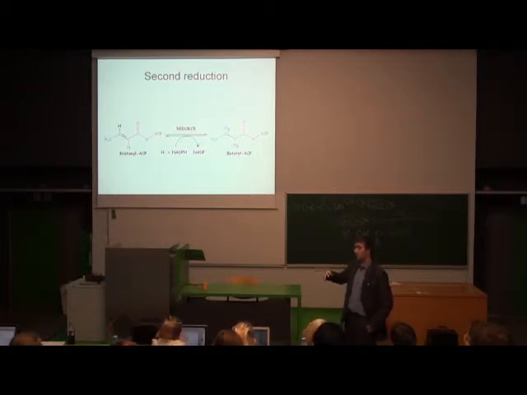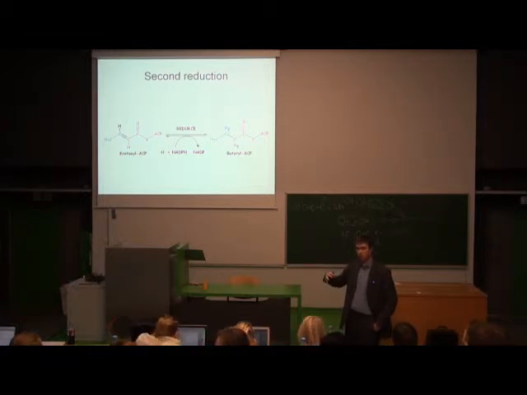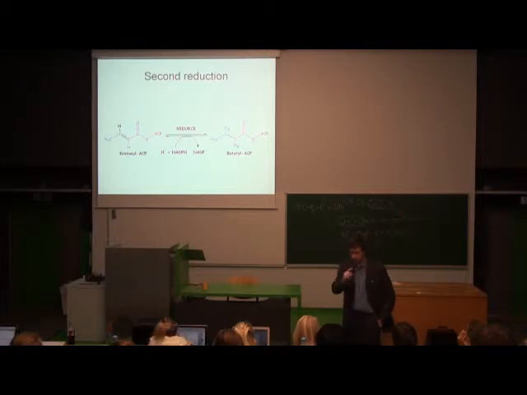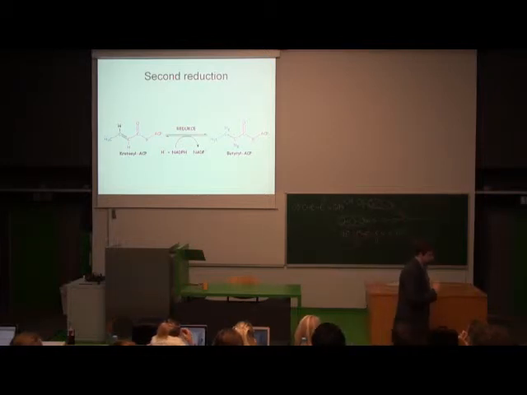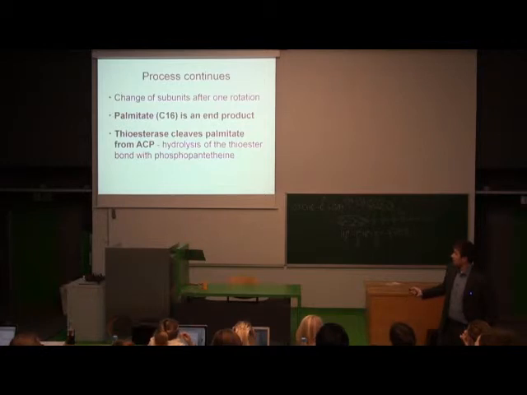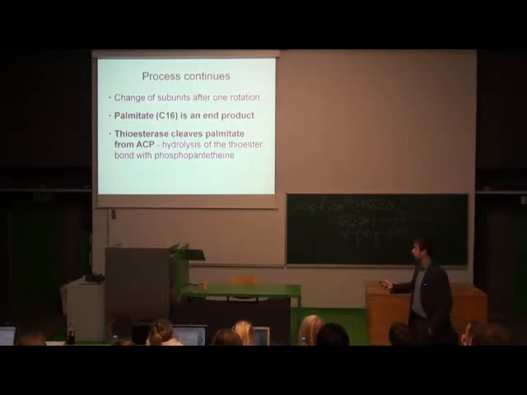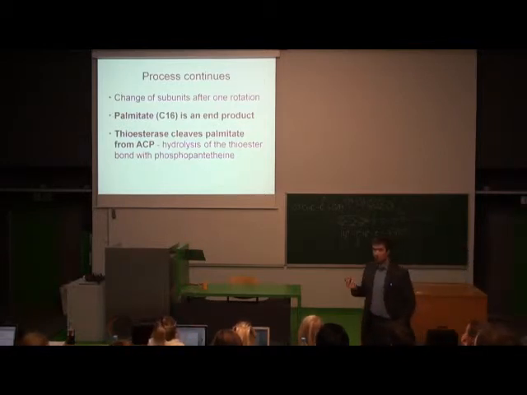Understand the first step, how you form the malonyl coenzyme A, then the condensation reaction, and then the first reduction, removal of water, and second reduction. Yes? You end when you have palmitate, it means 16 carbon atoms.